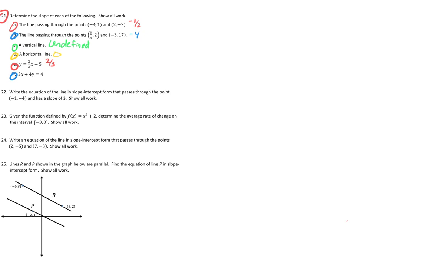Part F. We have 3x plus 4y equals 4. We really want it in slope-intercept form. So let's do the math to get it into slope-intercept form.